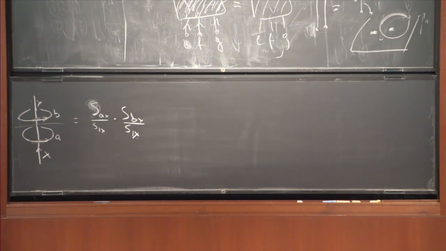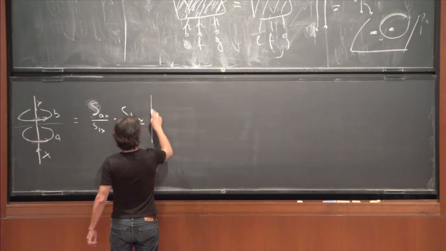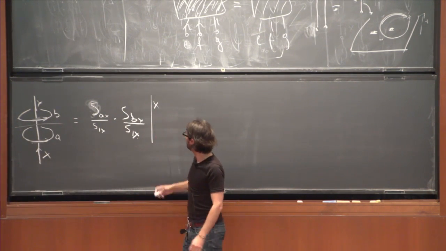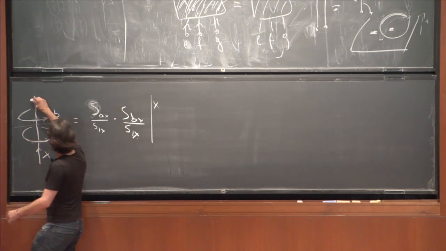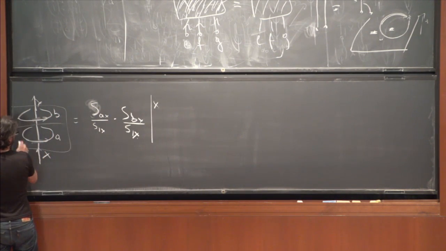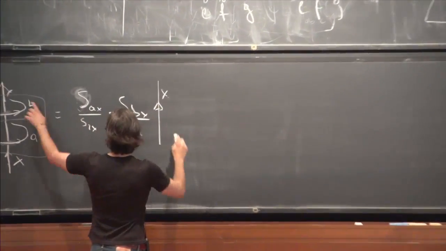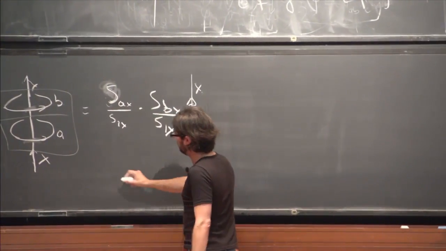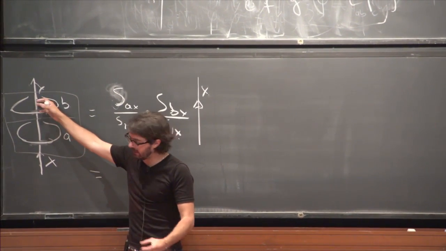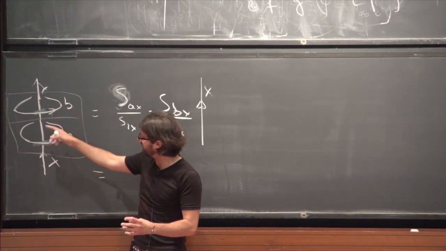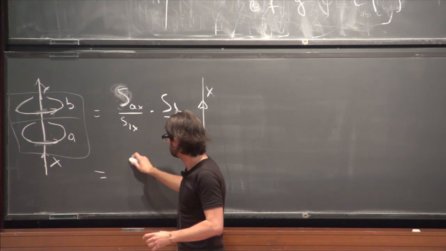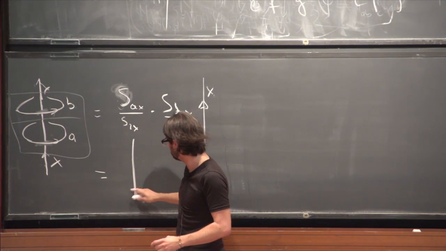That's one way I can think of it. Times X, of course. Because if I looked here, there's nothing coming in and out but X, so this has to be proportional to X. But I can also just slide this without cutting anything underneath here. So this is also the same thing as this.